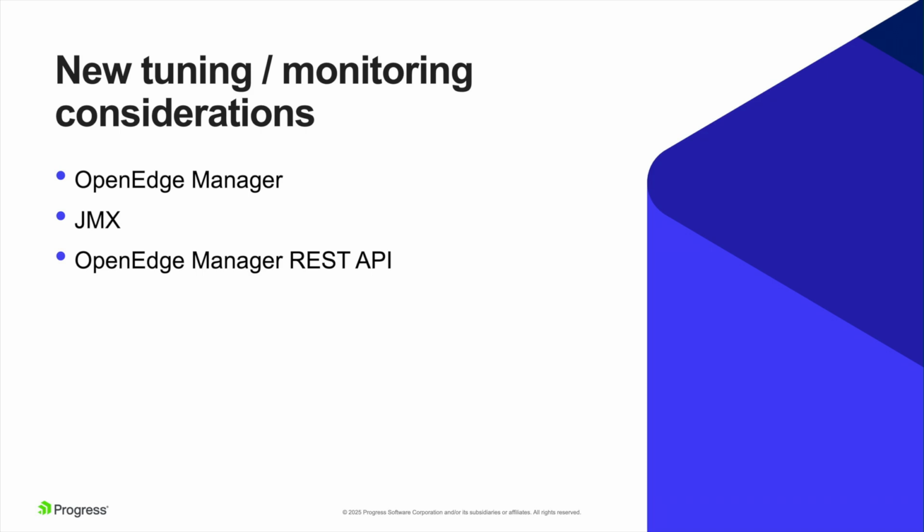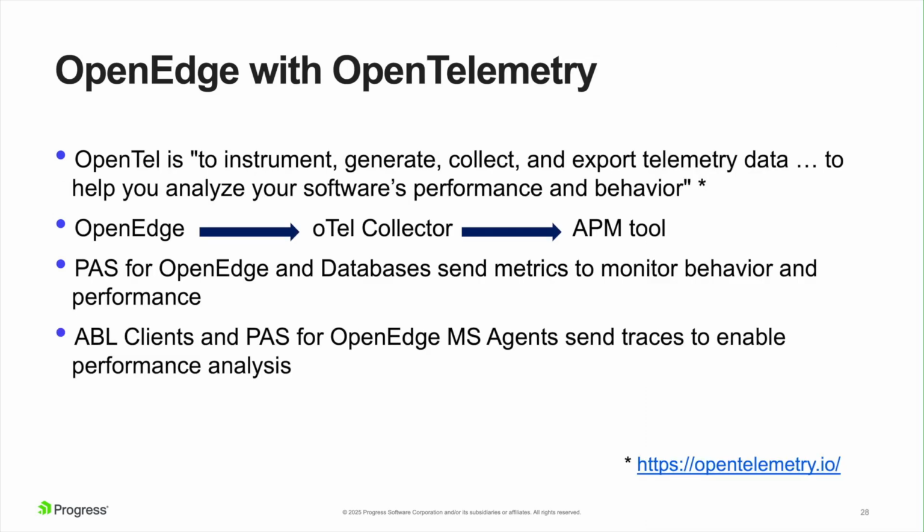And that leads me to talking about OpenTelemetry, which is a relatively new feature. OpenTelemetry is a vendor-neutral open source framework for gathering statistics or telemetry data that's being generated by the OpenEdge database or a PAS instance itself.